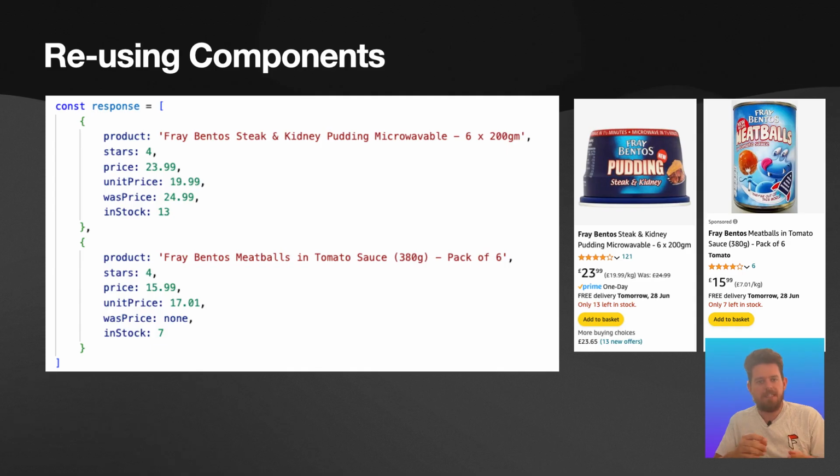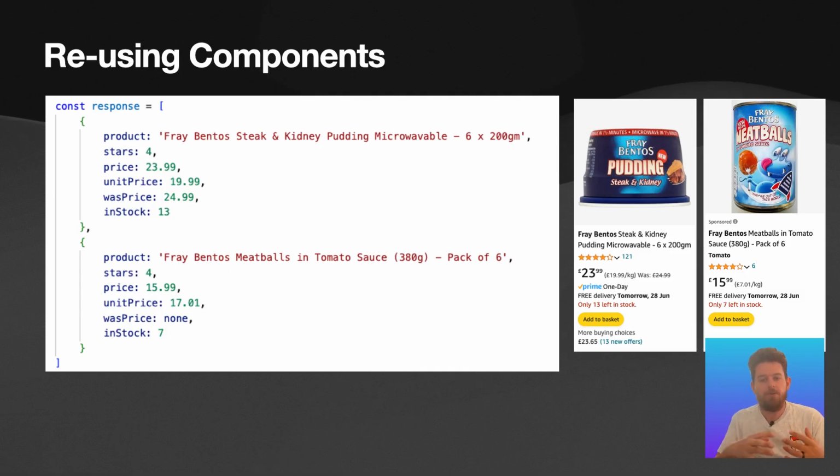Now all of this data with all of the different stars that each of them has, the unit price, the price of the product, how many there are in stock, we can then feed that dynamic data into our product cards or into those components.